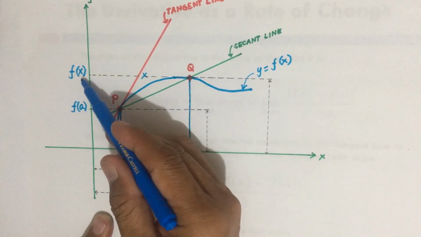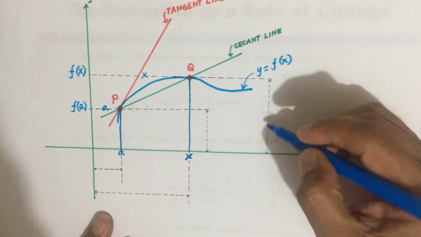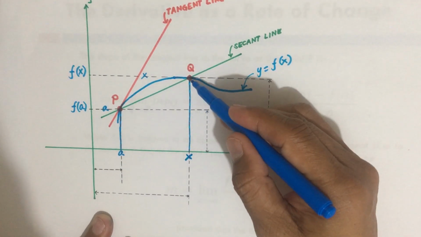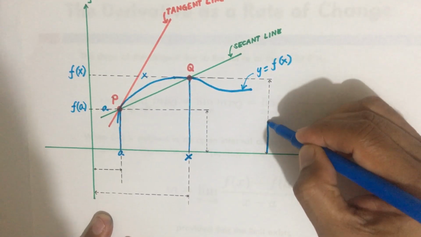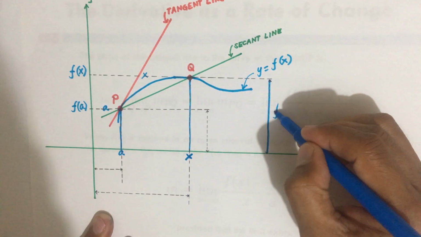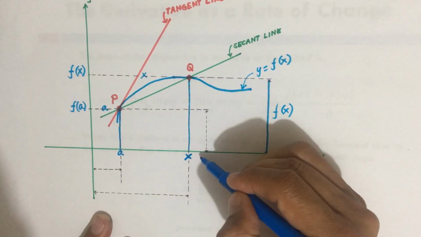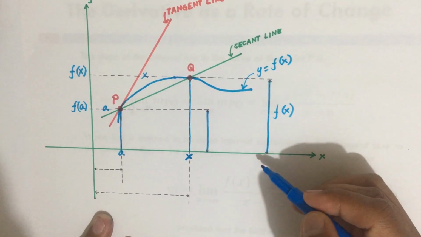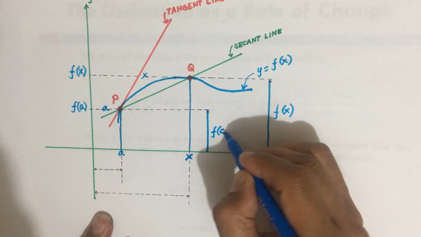So that's why we have f of x. So the meaning of that is f of x is the height of the point Q from the x-axis. So this is our f of x. All right, and this is our f of a, the height from the x-axis.